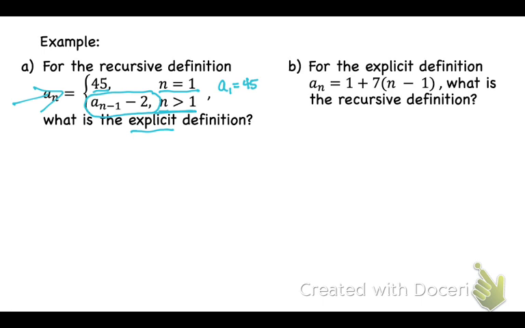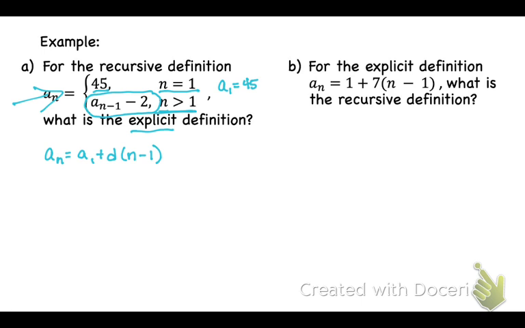So what was my explicit definition? Let's see if we can write it without looking. a sub n equals a sub 1 plus d times (n minus 1). Okay, so that's going to be my explicit definition, yes?